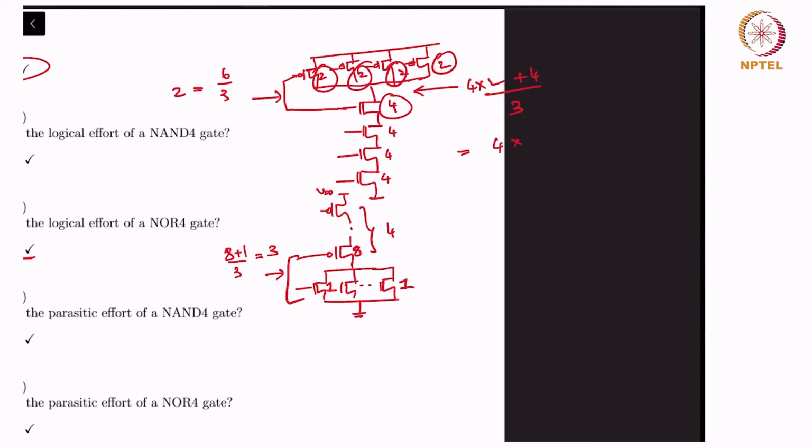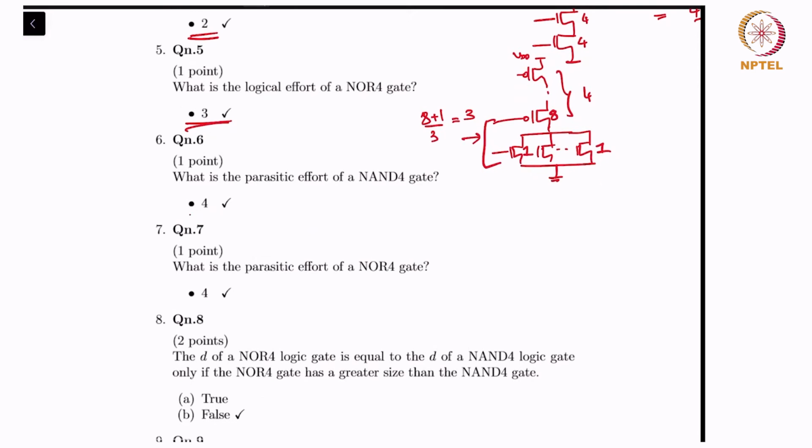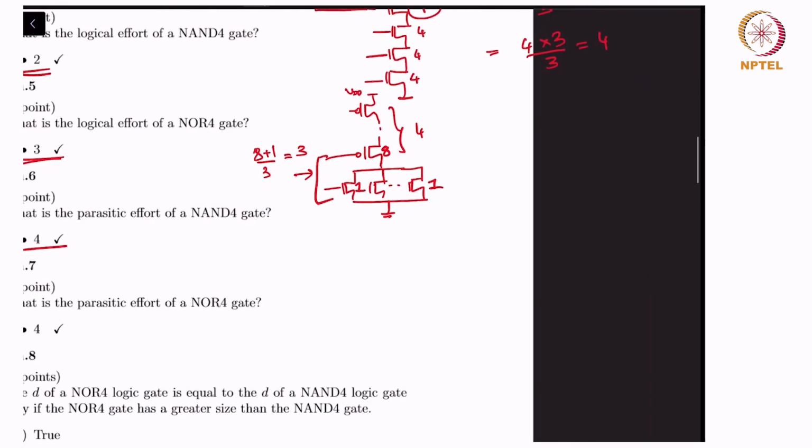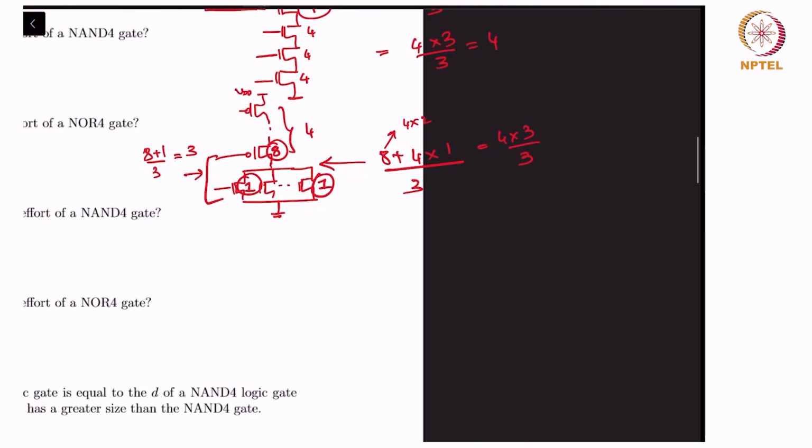So that's 4 into 3 by 3, which is 4. And for a NOR 4 gate, that's 8 plus 4 ones, 4 into 1, divided by the reference cap, which is 3. So this is 4 into 3 by 3, that's 4.